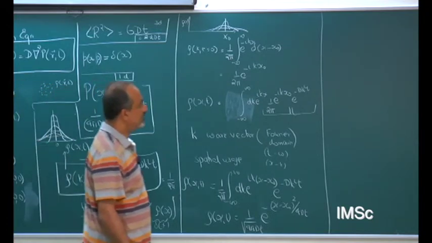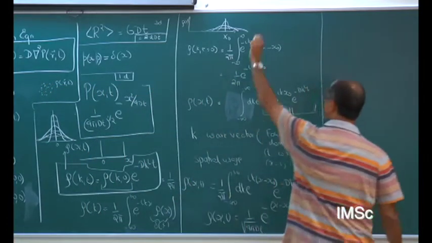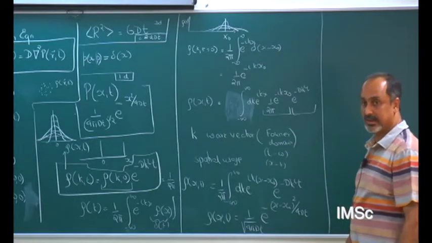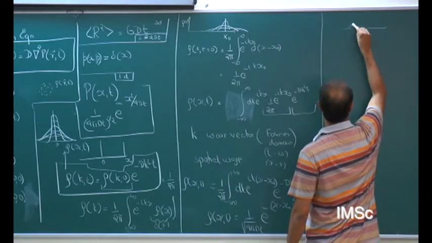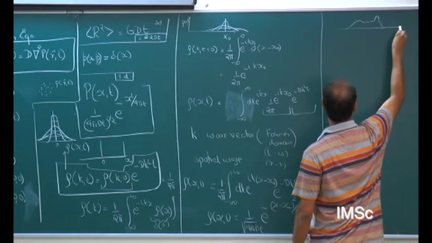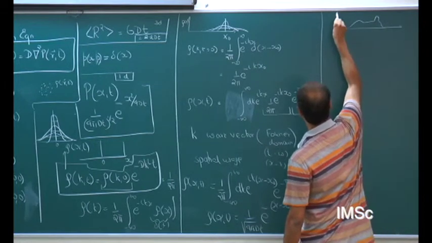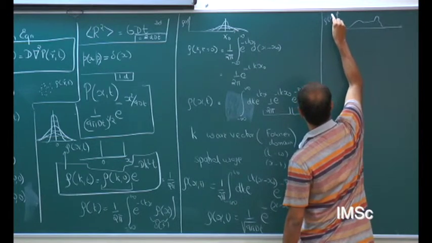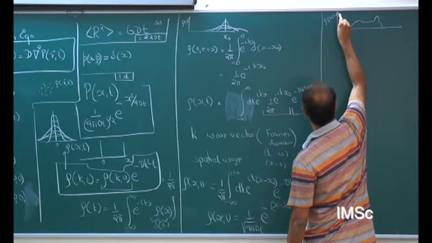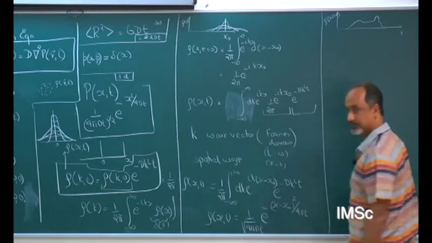Okay. Suppose now instead of having a delta function signal there, I have some initial probability of finding the particle, and that probability may have looked like some complicated function that might have looked like that. So this is the density at position x at time t equal to 0 as a function of x.